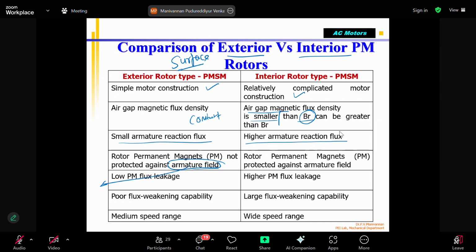But in PMSM also, in some books, the stator field winding is called armature field. Okay. So the rotor permanent magnet is not protected against the armature field or stator field, and here it is protected because of the magnets, and we talked about it.